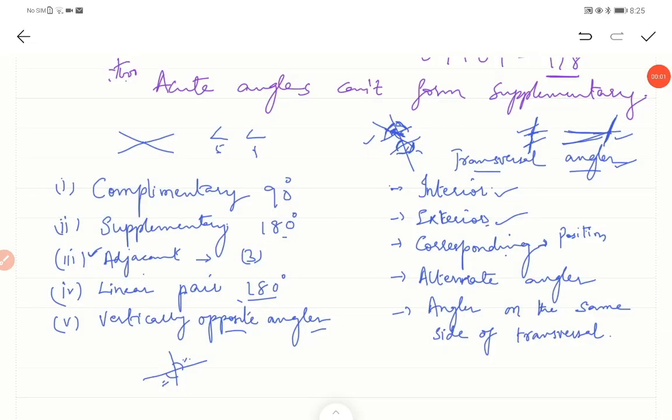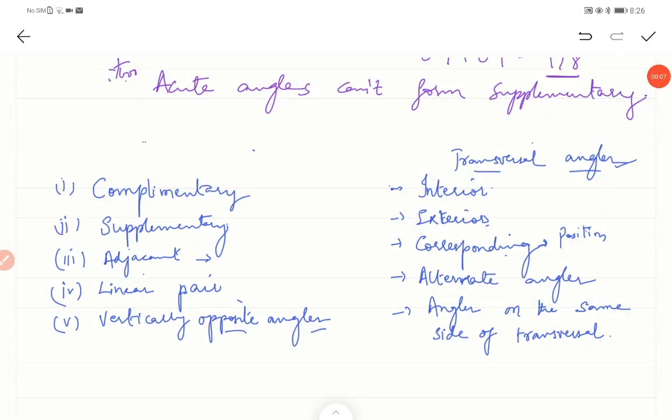Before we end this video, I would just revise the different angles we've studied. We have studied complementary and supplementary angles: complementary is 90 degrees, supplementary is 180 degrees. Adjacent angles: three conditions should be fulfilled.